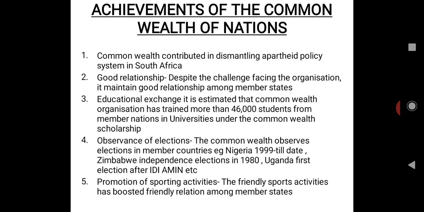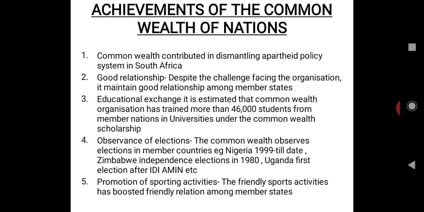Another achievement of Commonwealth is educational exchange. It is estimated that Commonwealth organization has trained more than 46,000 students from member nations in universities under the Commonwealth Scholarship.